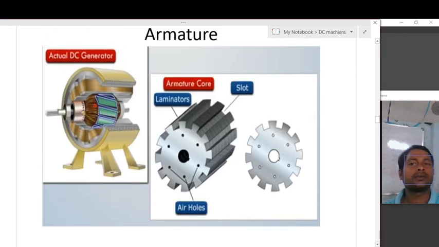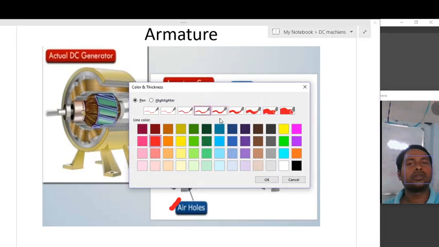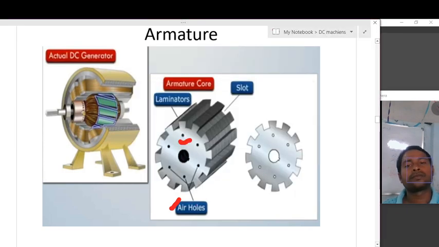The next part is the armature. The actual armature looks like this, and these are holes, which we can call air holes. The air holes are used to send air through them, so that the temperature produced by the eddy currents is reduced.